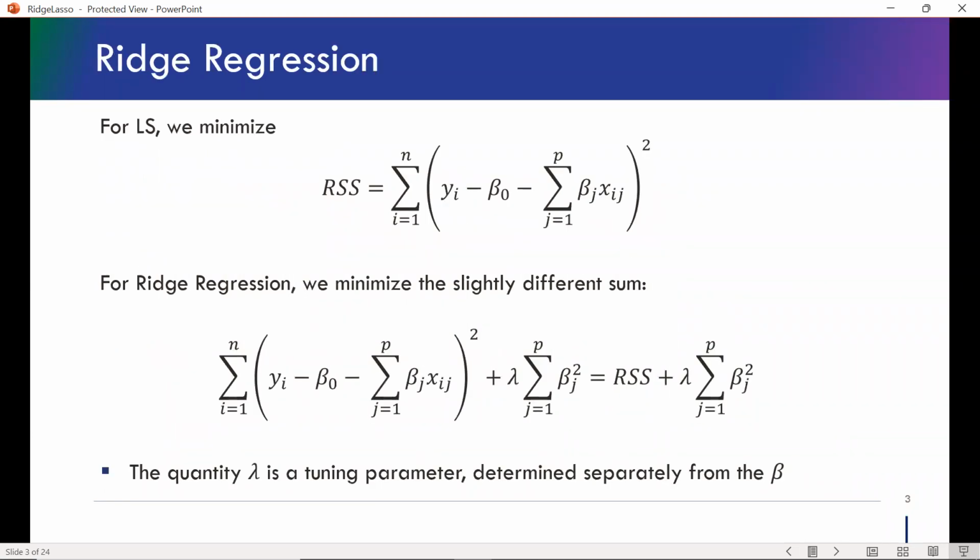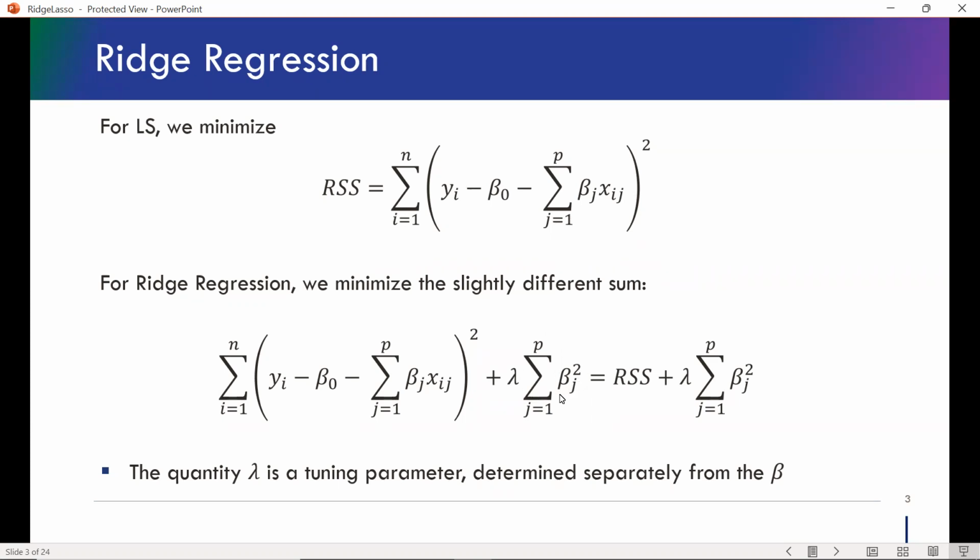If you still remember, when we do the least square estimate, we are minimizing the residual sum of squares, so it's a summation of the squared residuals. And for ridge regression, we will minimize a slightly different sum. We still have this RSS, plus a penalty term, which is a tuning parameter lambda times the summation of the squared coefficients.